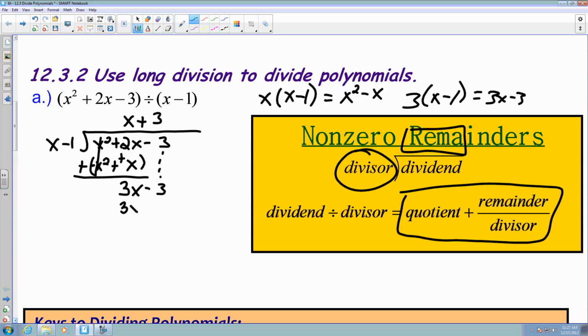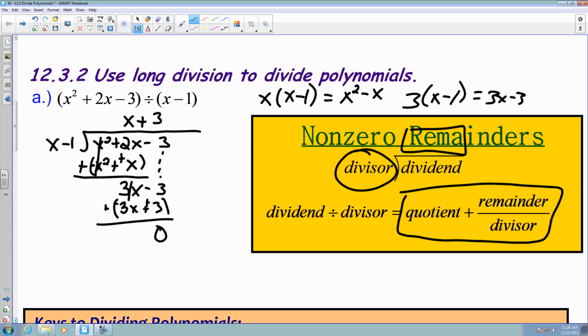I'm going to write that down, 3x minus 3. And again, that gets subtracted. So if I distribute the negative, I get a negative 3x and a negative minus 3, but that's a double negative, so that becomes positive. So 3x minus 3x cancels, and negative 3 plus 3 ends up being 0. So my remainder here is 0.